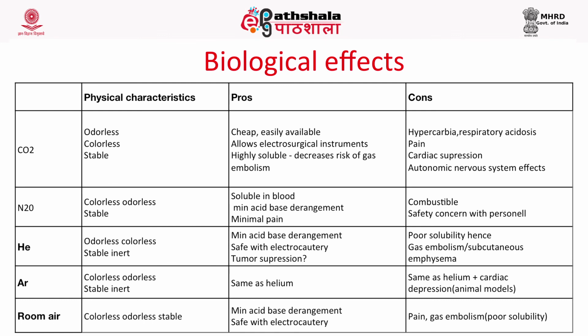Minimal acid-base derangement, because most of the gases are not soluble, and again safe with electrocautery. But the non-soluble gases have a risk of gas embolism. Also it is painful, not as painful as carbon dioxide, but more painful than nitrous oxide. Room air is not currently used in laparoscopic surgeries.